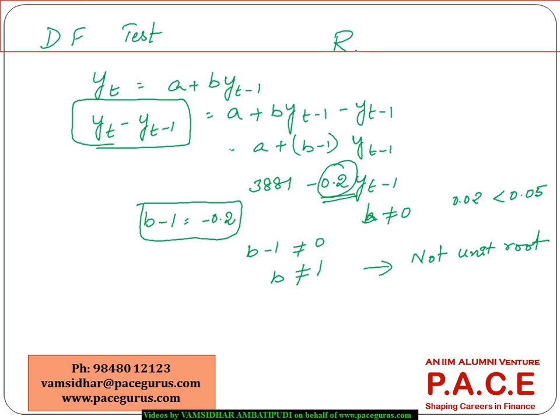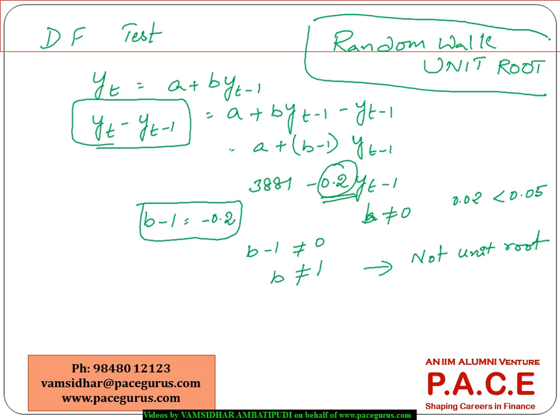So there is a possibility of random walk or unit root being present in the data. If this coefficient had not been statistically significant, then I could have directly said that this particular model is not covariance stationary and it exhibits some kind of unit root behavior.